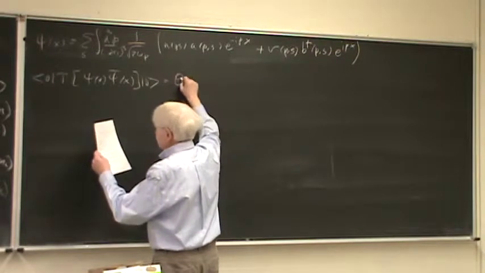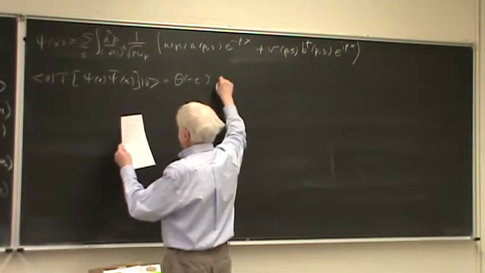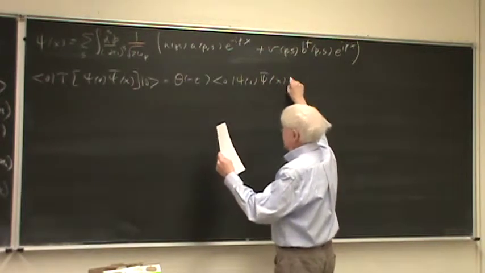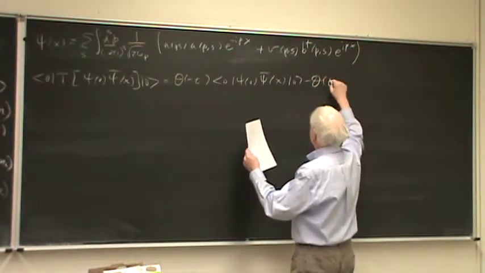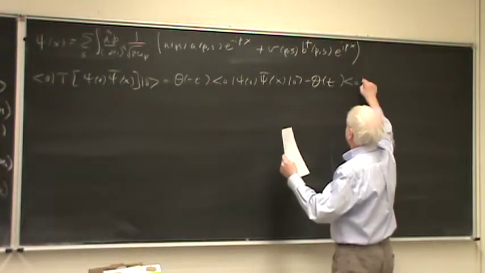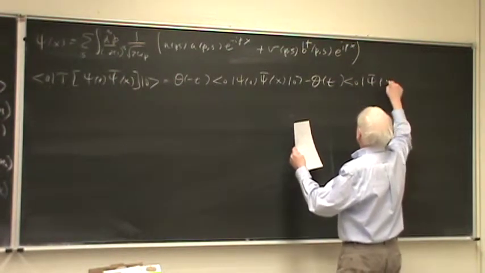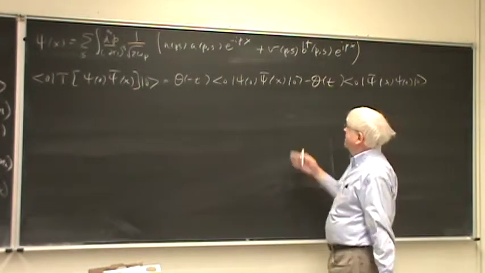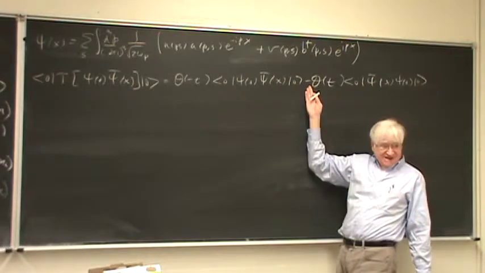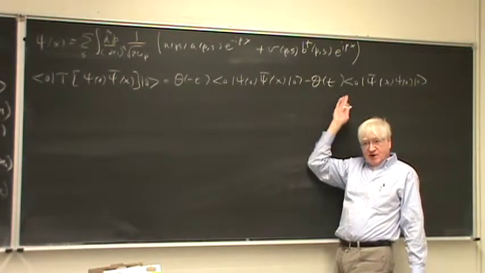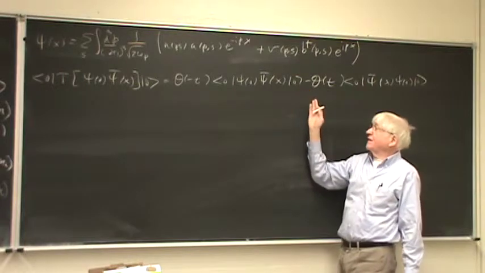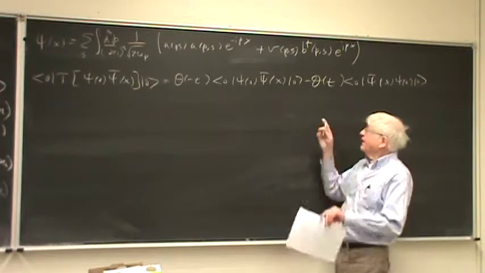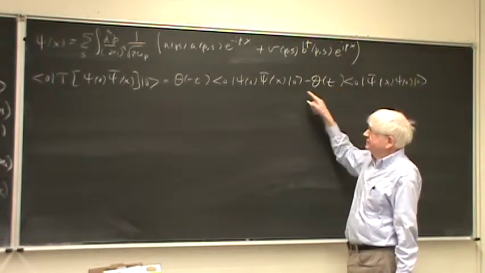This is then theta of minus t, vacuum, psi of 0, psi bar of x, vacuum, minus theta of t, vacuum, psi bar of x, psi of 0, vacuum. Notice there's an extra minus sign. It's not just the time-ordered product. There's an extra minus sign, and that's to make the thing smooth as t goes from negative to positive.